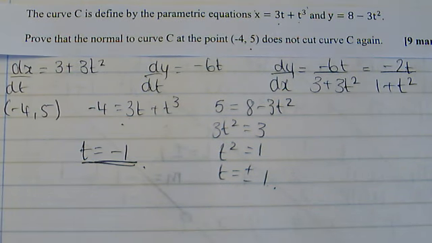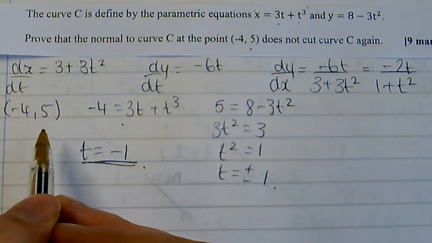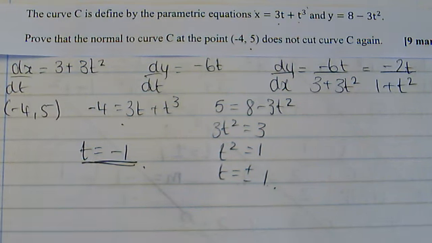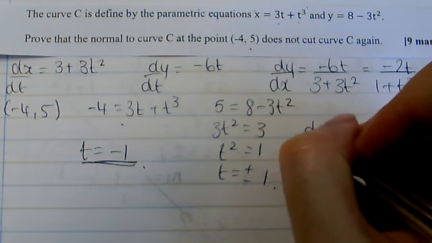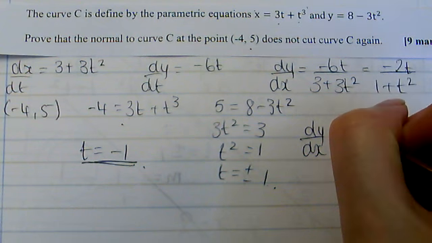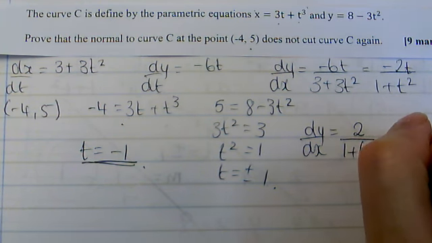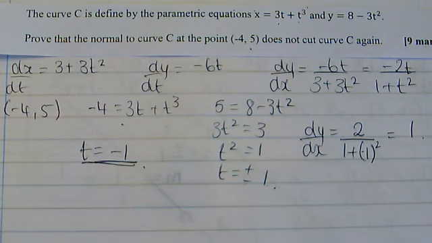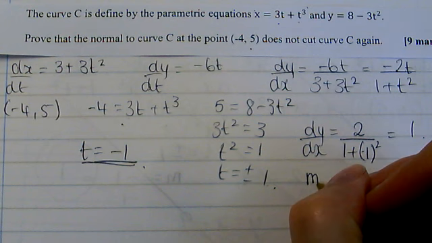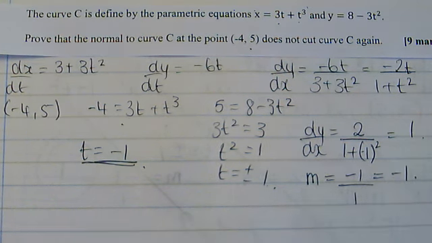Okay, so we know our t coordinate, we know our x and y coordinate, we now need our gradient, so we find the equation of the normal. Substituting back in, dy by dx when t is minus 1 is minus 2 times minus 1, so that's plus 2, over 1 plus minus 1 squared, so that's just 1. And that means the negative reciprocal gradient for the normal, m, is minus 1 over 1, which is minus 1.